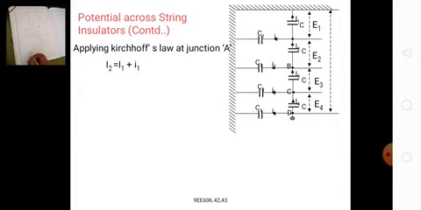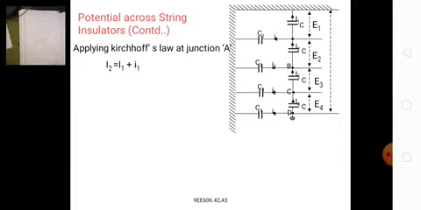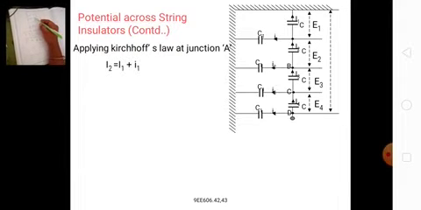Similarly, IB is proportional to E1 plus E2. We know the values of IA, I1 and I2, but now we have to find the value of I3.